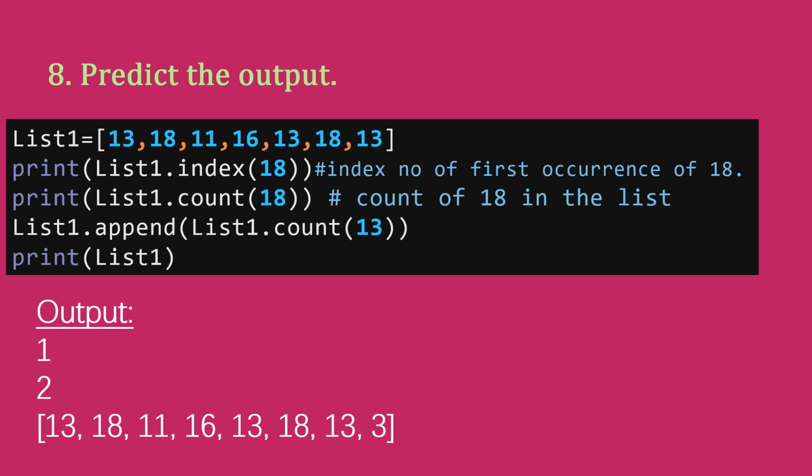That will give you the count of 18, that is 2. Now list1.append of list1.count of 13. How many times is 13 present in the list? That count value will be appended to list1. Here 13 is present 3 times. So 3 will be appended to the list and your new list will be like this.